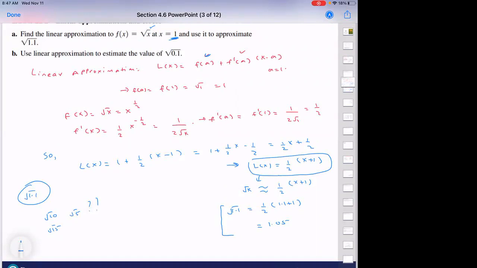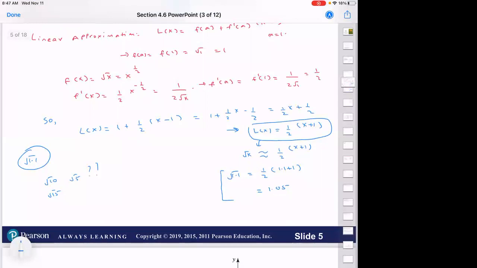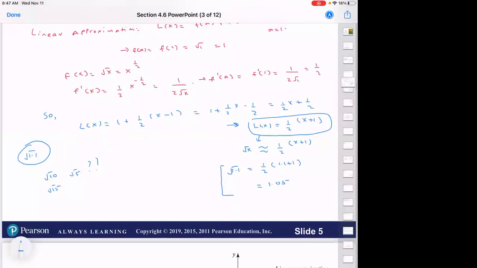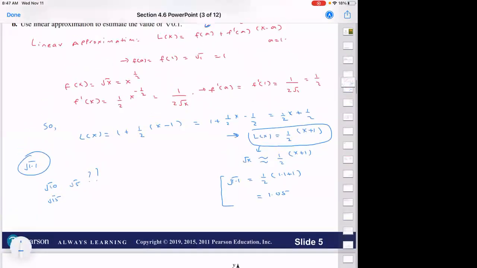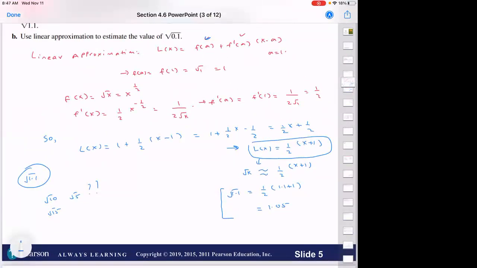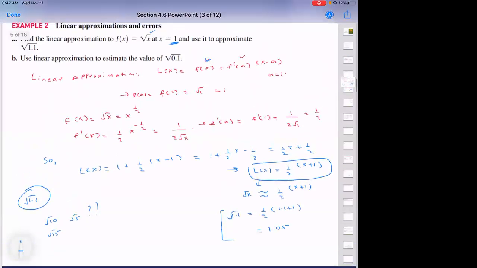So we don't want to use that linear approximation to find the value of square root of 10. If we were to find the square root of 10, we would have to use something closer to 10. Exactly, x closer to 10. Yes, maybe we have to find a linear approximation close to 10.